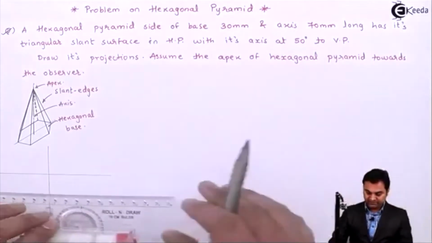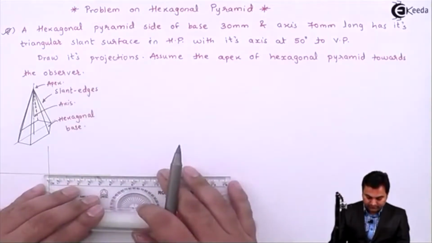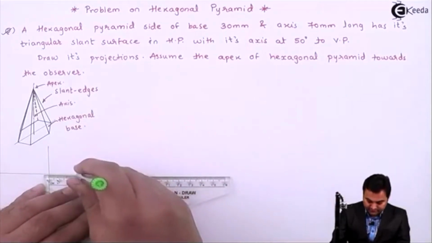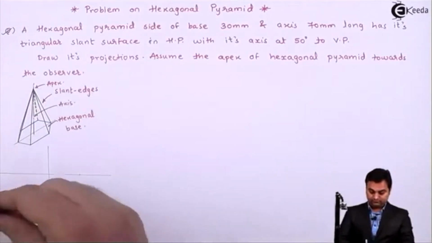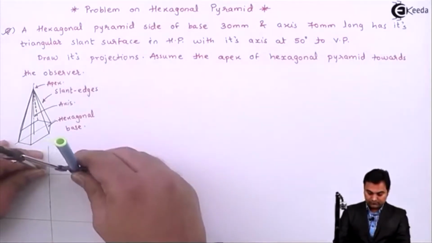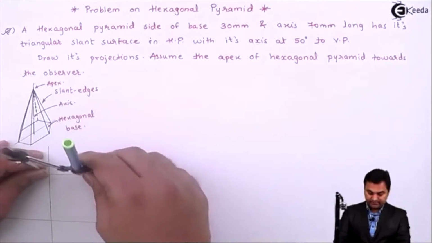The side of base is given as 30 mm. So I'll take the radius of this circle as 30 mm to draw the hexagon. Taking radius as 30 mm.